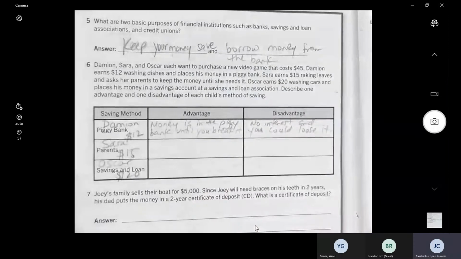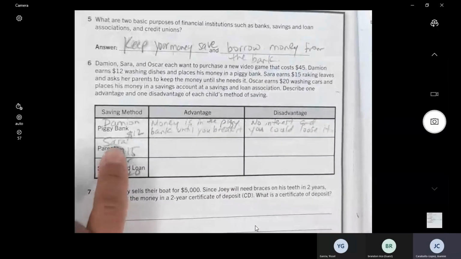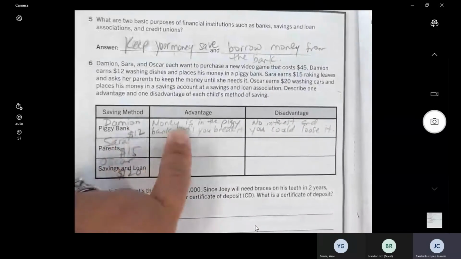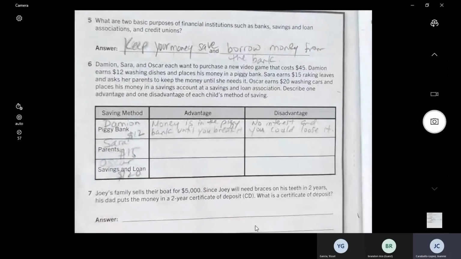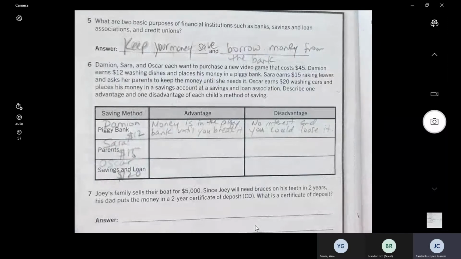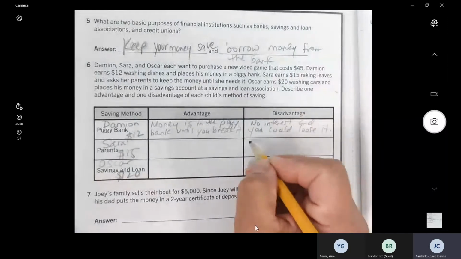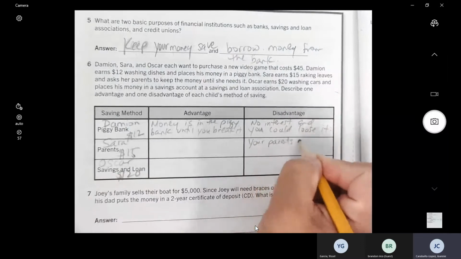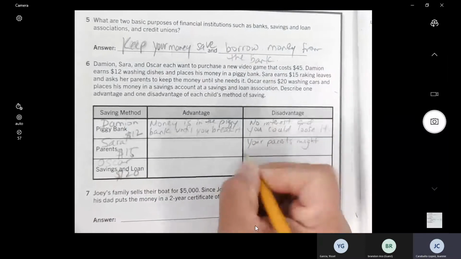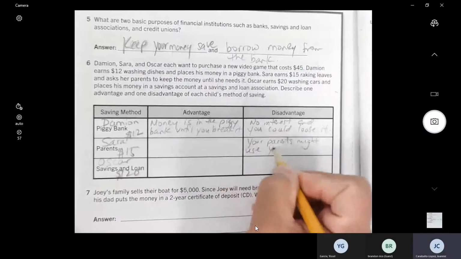All right. What about Sarah? Sarah earned $15. She's got $15 saved with her parents. What's an advantage? I know you know. Yes, Samantha. Your parents might use the money to buy something. So the disadvantage is your parents might use your money.